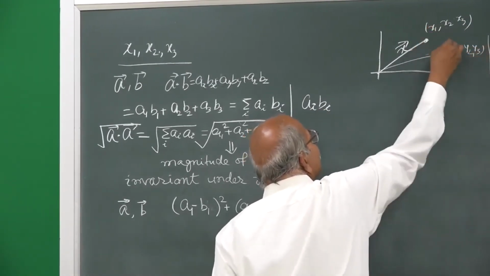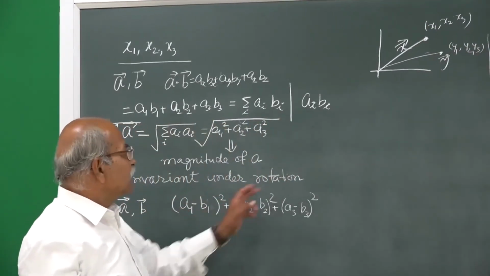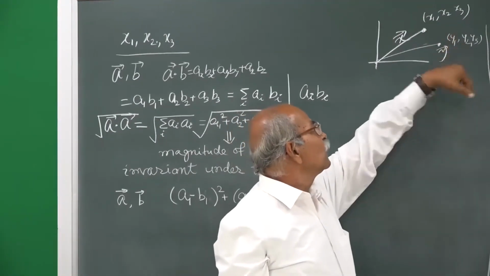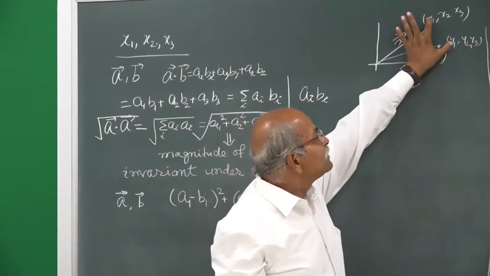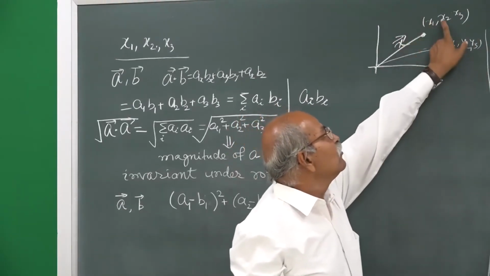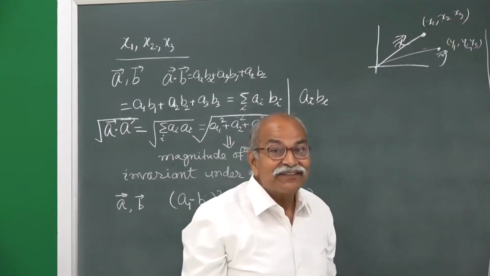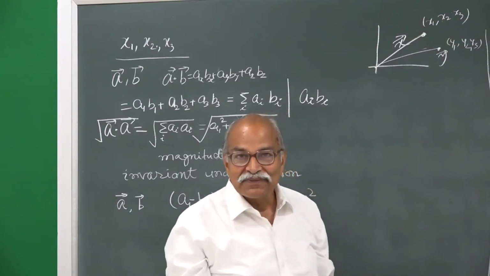What is this x1 minus y1 whole square? So, what is this x1 minus y1 whole square plus x2 minus y2 whole square plus x3 minus y3 whole square? The x component difference square, y component difference square, and z component difference square. That is the distance square between these two.